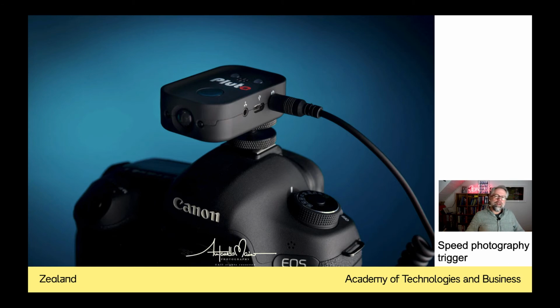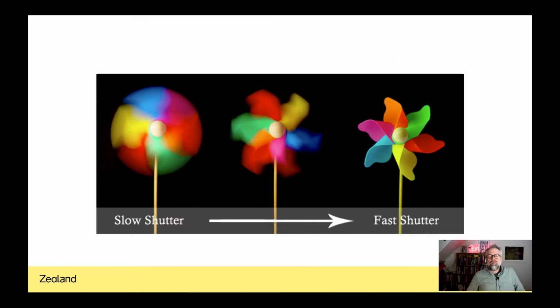So that was the technical part. Let's look a little on what the shutter speed does, or what happens when we have different shutter speeds. And here is a very neat little example. When you have a fast shutter speed, you freeze everything.